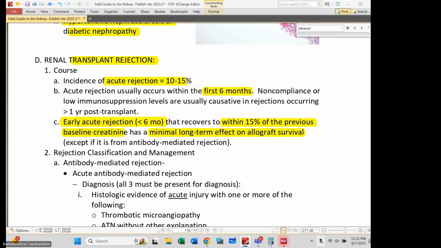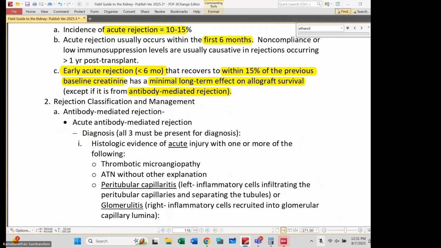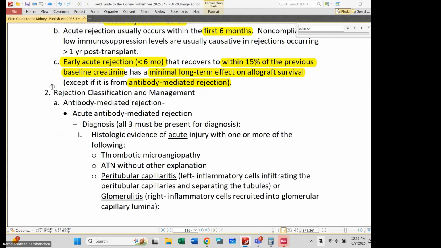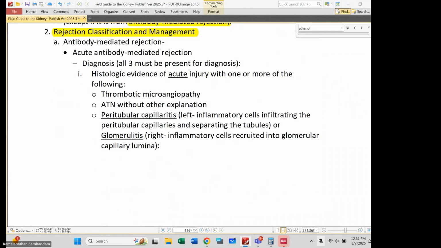As long as you catch it early and you reverse it, it may not be so bad for the patient. You might shift towards tolerance, okay? Now, antibody-mediated rejection in general is bad for intermediate and long-term allograft function. Those are generally bad, with few exceptions, okay? Let's now go over to the classification of rejection, starting with antibody-mediated rejection, okay?